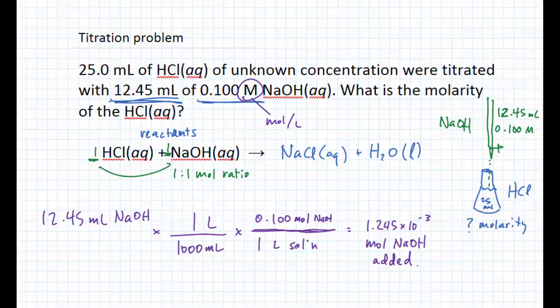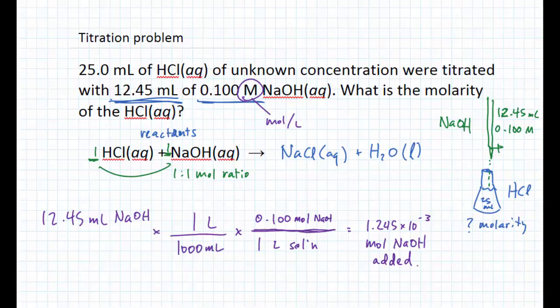But this was a titration. We didn't just add some random amount of liquid from that burette. We stopped when the reaction was finished. So what does that mean about those 1.245 times 10 to the minus 3 moles of sodium hydroxide? What does that also mean? Yeah, that's the equivalence point.